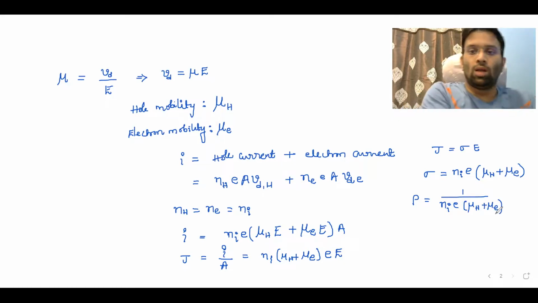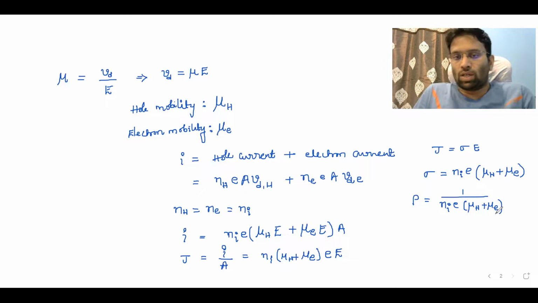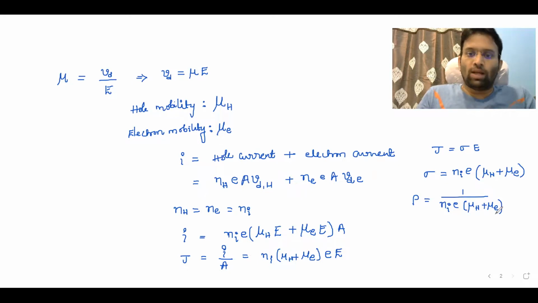So resistivity is inversely proportional to the number of intrinsic carriers. You can say that Ni, number of holes equal to number of electrons, equals the number of intrinsic carriers. And the dependence of resistivity or conductivity on the mobility of the holes and electrons is as given on the board, as I have written.